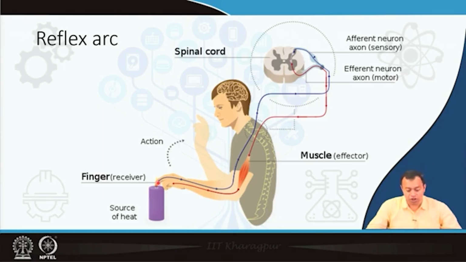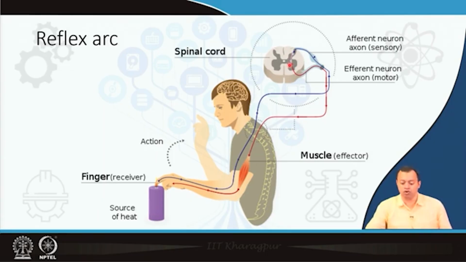This information, in the form of an electrical impulse, is carried through the afferent neuron into the spinal cord section. The spinal cord then processes it and passes it into the efferent neuron via a local neuron, interneuron.